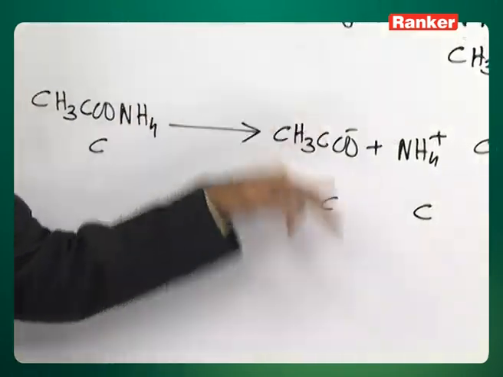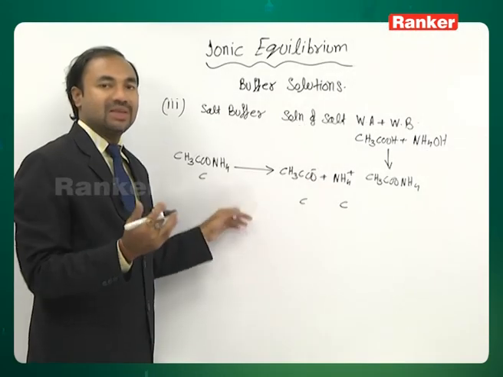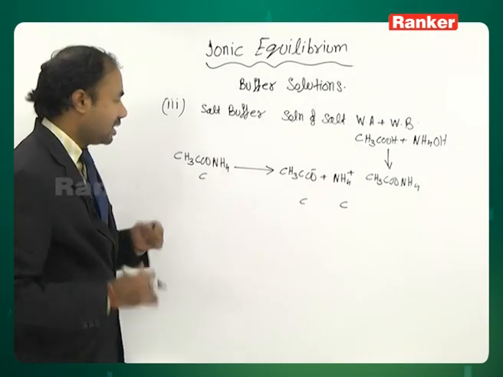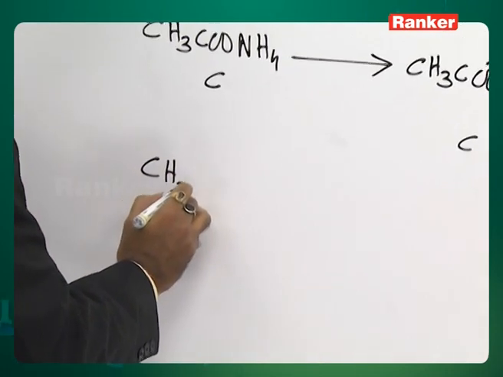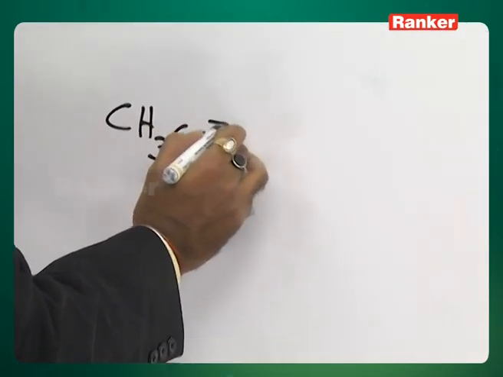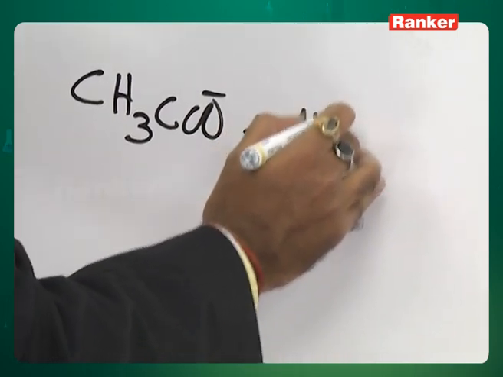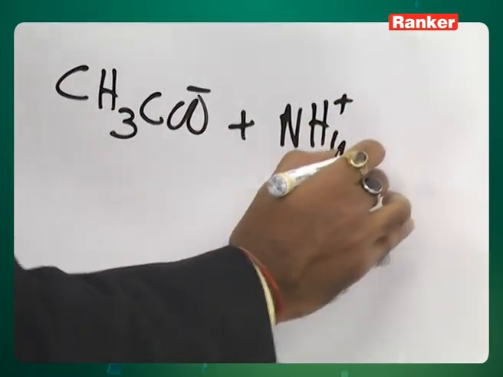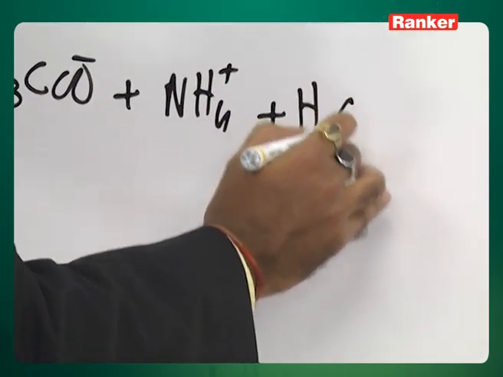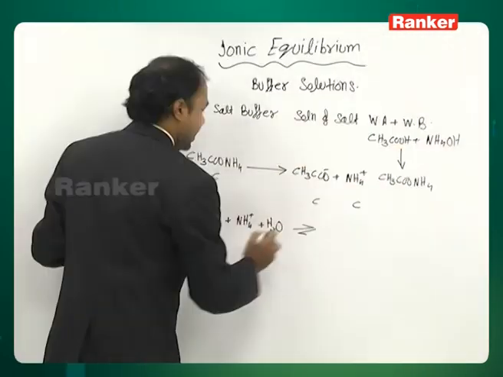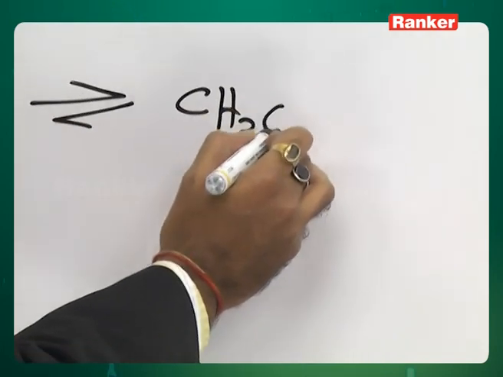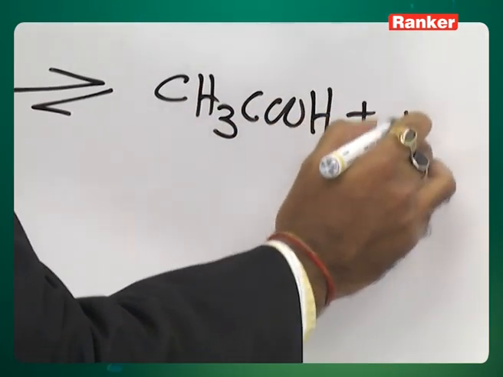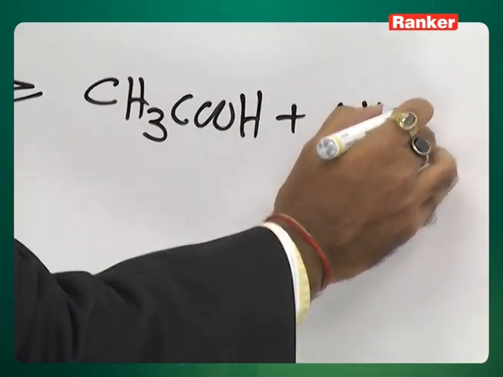So instead of showing their hydrolysis separately, we can show simultaneous hydrolysis of both of them with water, and this becomes acetate ion, CH3COO minus plus ammonium ion, NH4 plus, plus water, and they will give you by hydrolysis acetic acid, CH3COOH plus NH4OH.